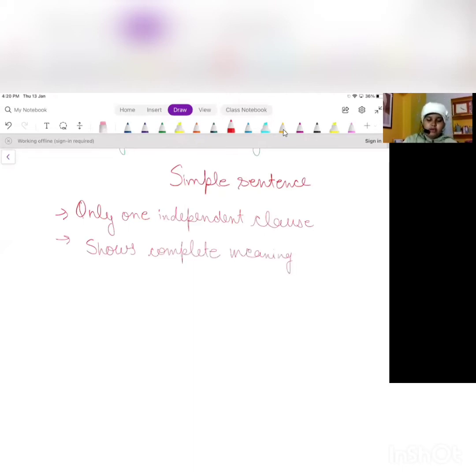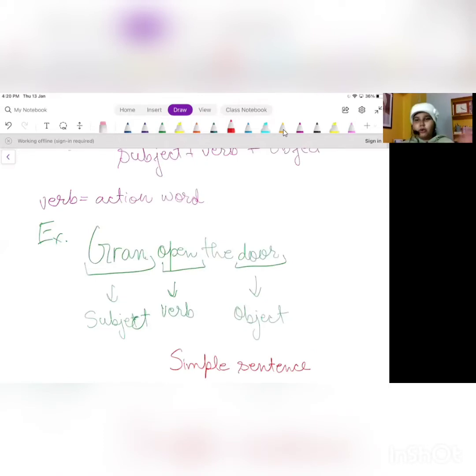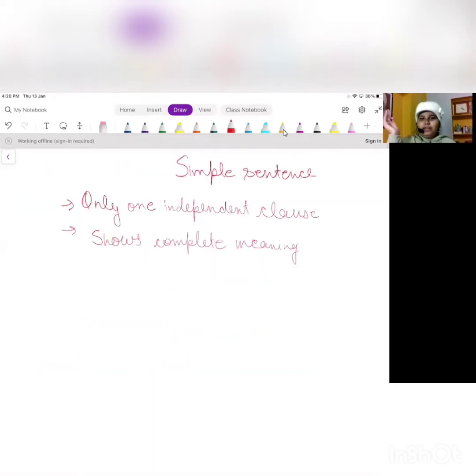Like Grace open, Grace ने खोला, ग्रे ने क्या खोला, कंप्लीट मीनिंग है ही नहीं कुछ. So इसलिए Grace opened the door. Simple sentence always shows us the complete meaning. Then no dependent clause.